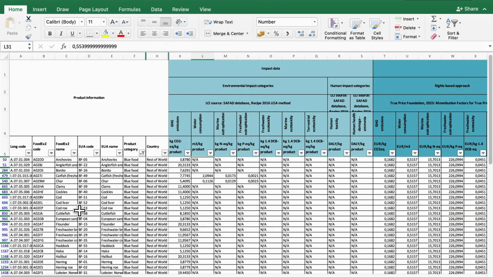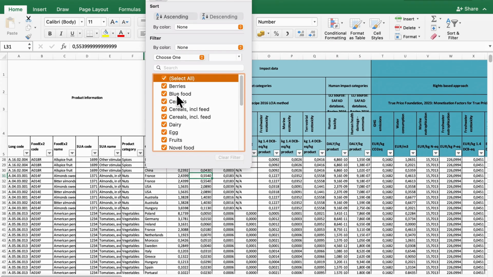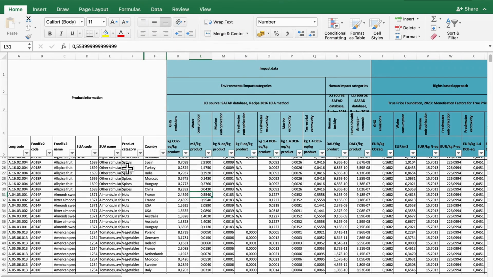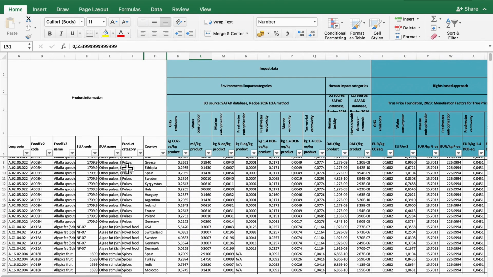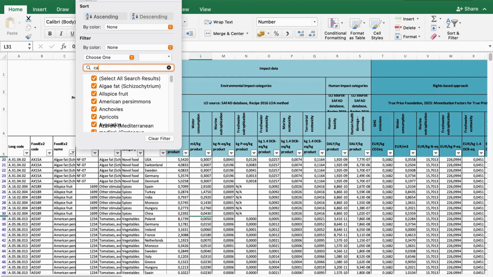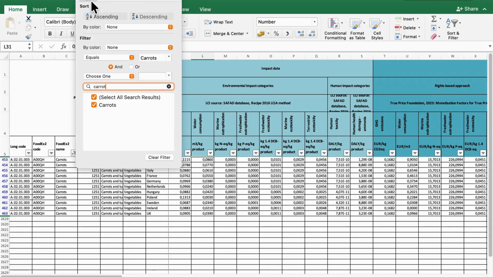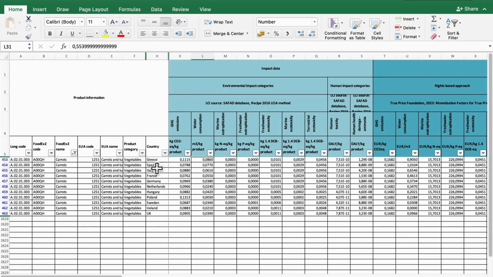And then another way that you might want to interact with the database is to calculate the true costs of a certain recipe or menu, in which case you would just search for each of your ingredients. So for example, if I search here for carrots, and then choose which ones are relevant for me.